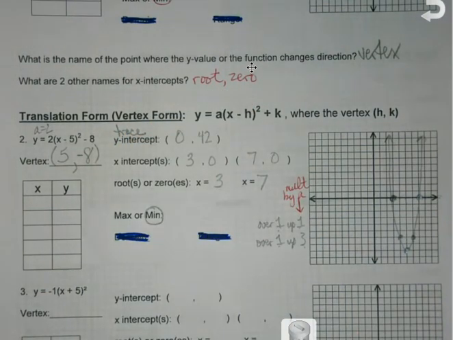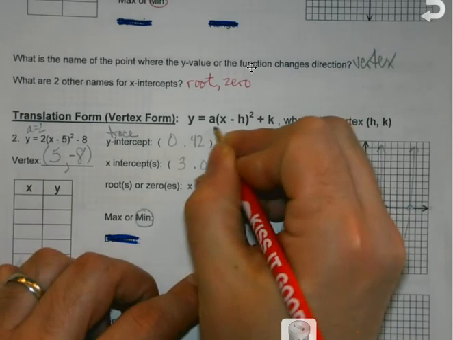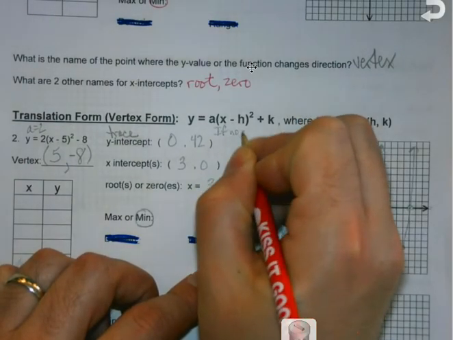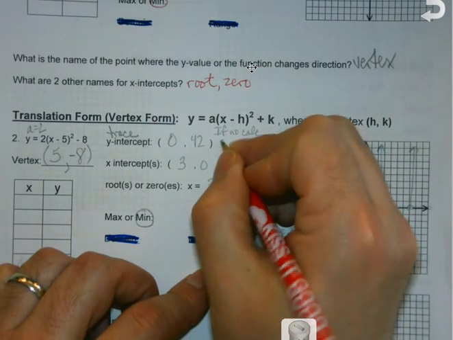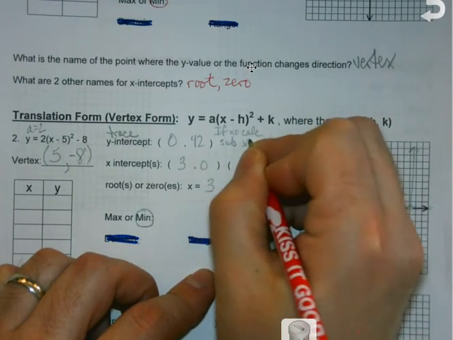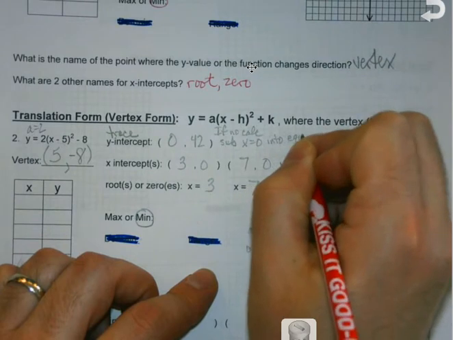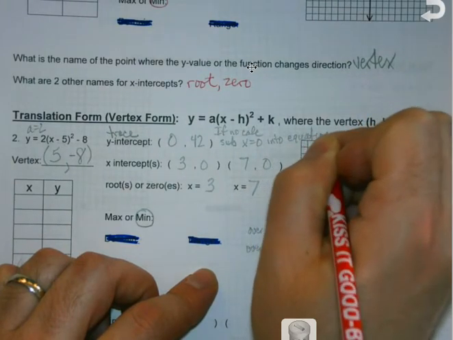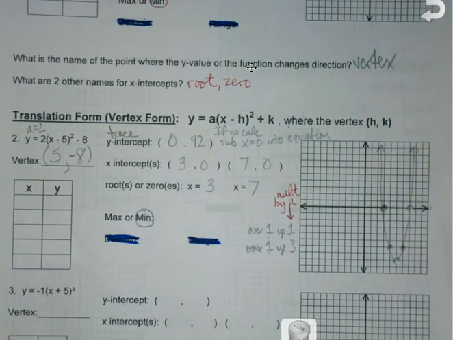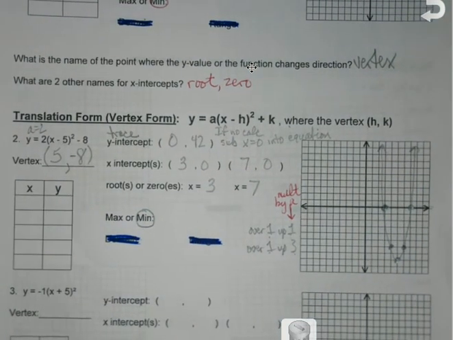Like, well, what if I don't have a calculator? What would I do? Well, if I have no calculator, I'm going to substitute x equals 0 into the equation. And when I did that, I'd end up with the same answer.